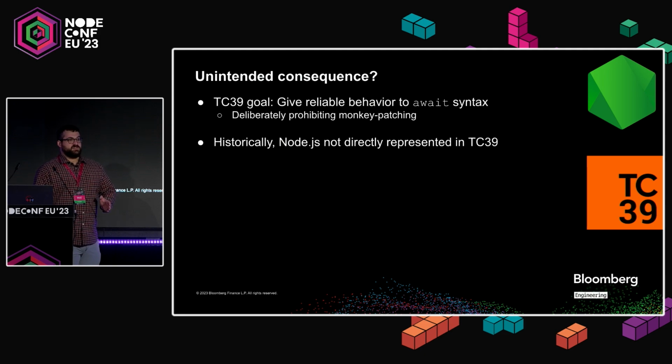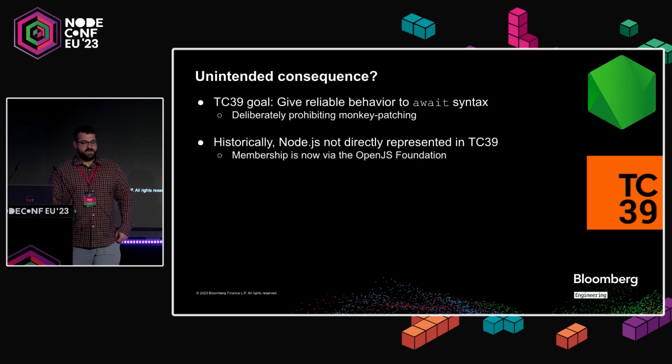There was this issue where Node.js was not sufficiently represented in TC39. Today, Node is directly represented via the OpenJS Foundation. There are a number of Node collaborators, including Guy Bedford, who attend TC39 regularly based on their OpenJS affiliation.